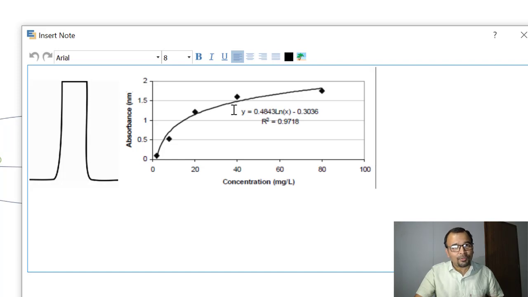The response of the analyte has got reduced at 40 ppm. It is not proportionately increased if you compare against 20 ppm, right? And at 80 ppm it is further reduced. Because of this reduced response at the higher concentration, probably you will not be able to use the area normalization technique.